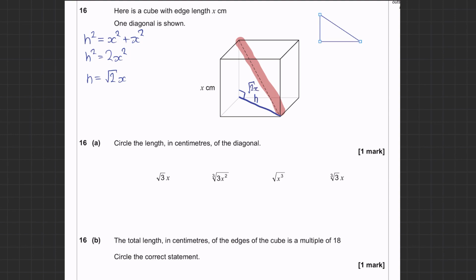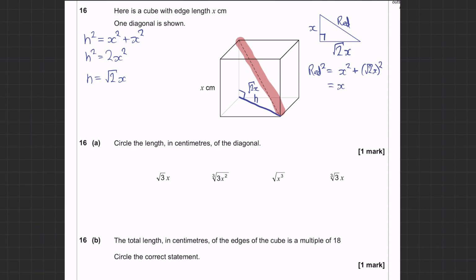If I draw out this triangle now, we've then got side root 2 x, x, and we're trying to find this side here, which I'm going to call red, because why not? So we've then Pythagoras again, we've got the red side squared equals x squared plus root 2 x squared.